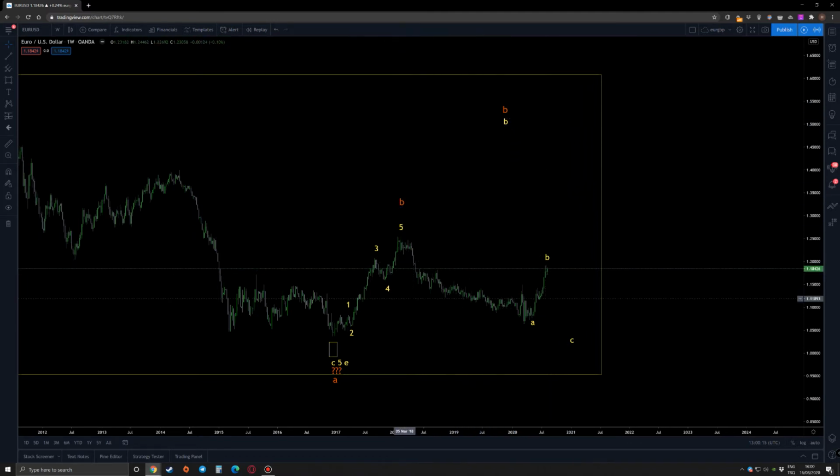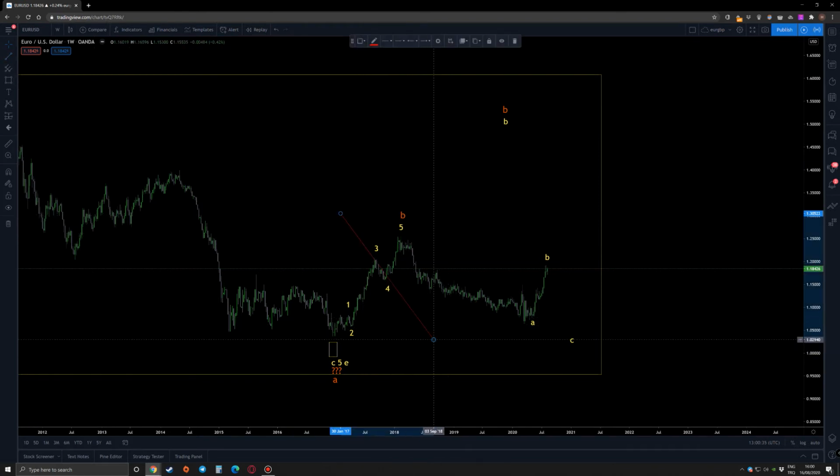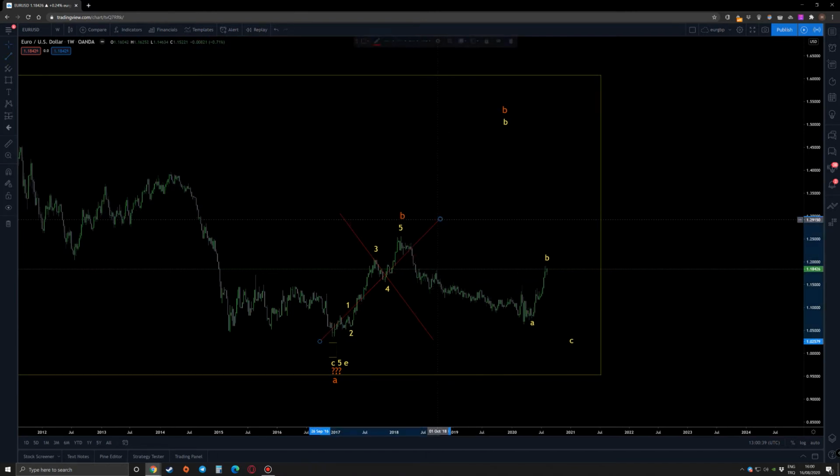So if this is wave A and you think, look, 1, 2, 3, 4, 5 here, and it is a wave B, how can it be a wave B? Wave Bs are always corrective waves. How can you have an impulsive move here? Well, you cannot. Then what does this mean? It means that this analysis started on the wrong foot. It doesn't work like this.